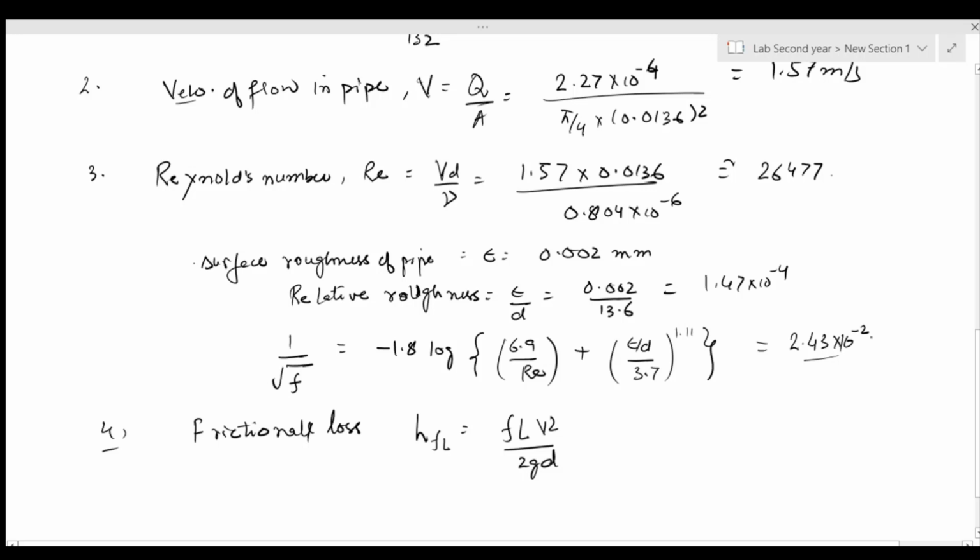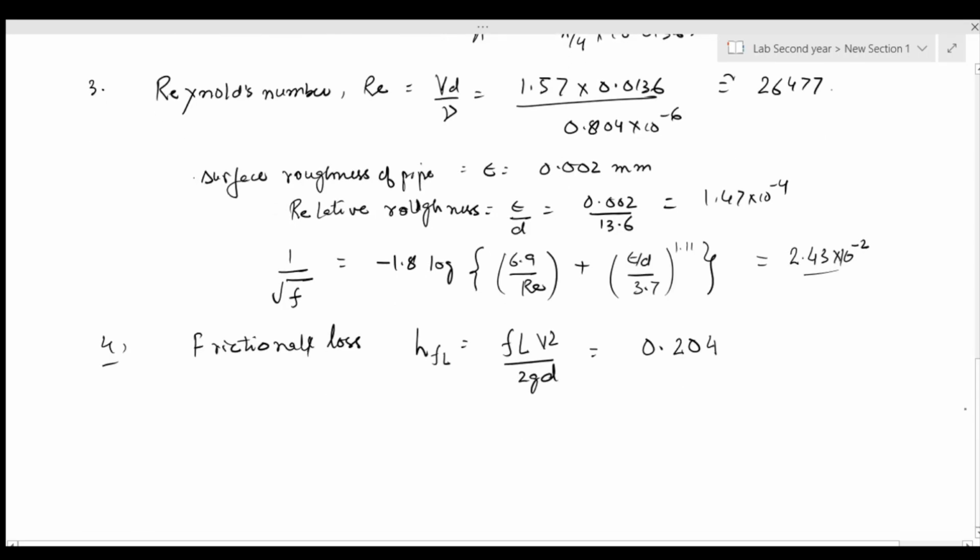Length is given to us, 0.914. Velocity for this particular case is also given to us. We also know the diameter of the pipe. If we put all of these values, then we would get something like 0.204. I would highly recommend you to check these values.